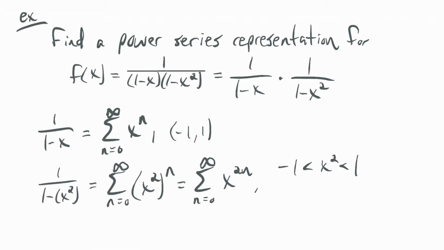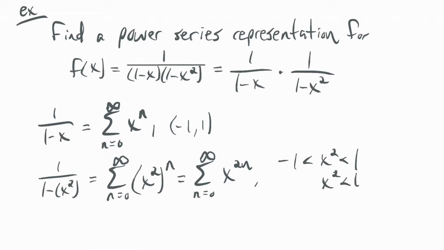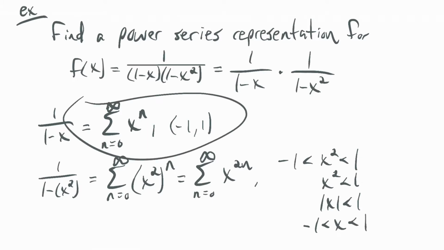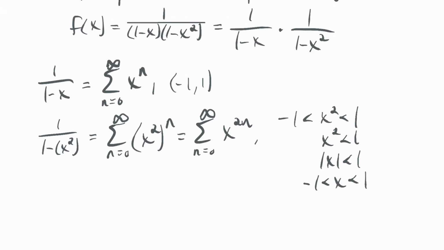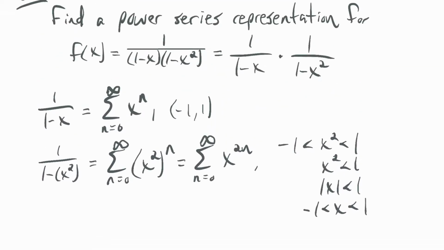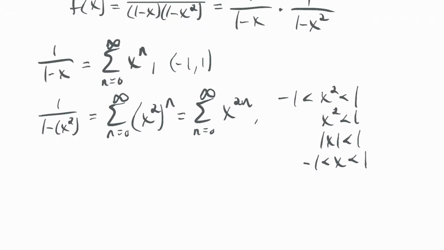Now, since x squared is not negative anyway, we can drop that condition. So we'll just say x squared is less than 1. We can apply the square root function to both sides. So absolute value of x is less than 1, which gives us x is between -1 and +1. So the same interval as this one. So we don't have to worry about how do we decide which one to use? Well, they're the same anyway, so just use the one that they both have.